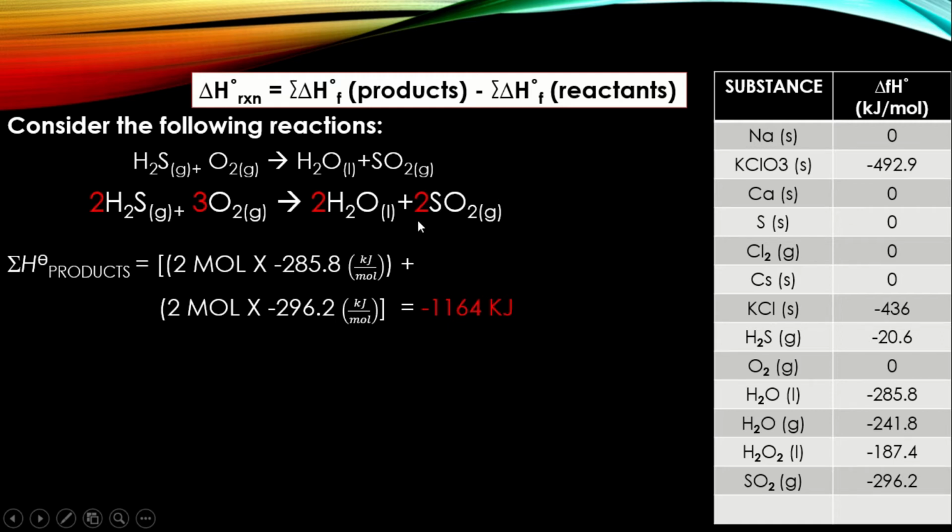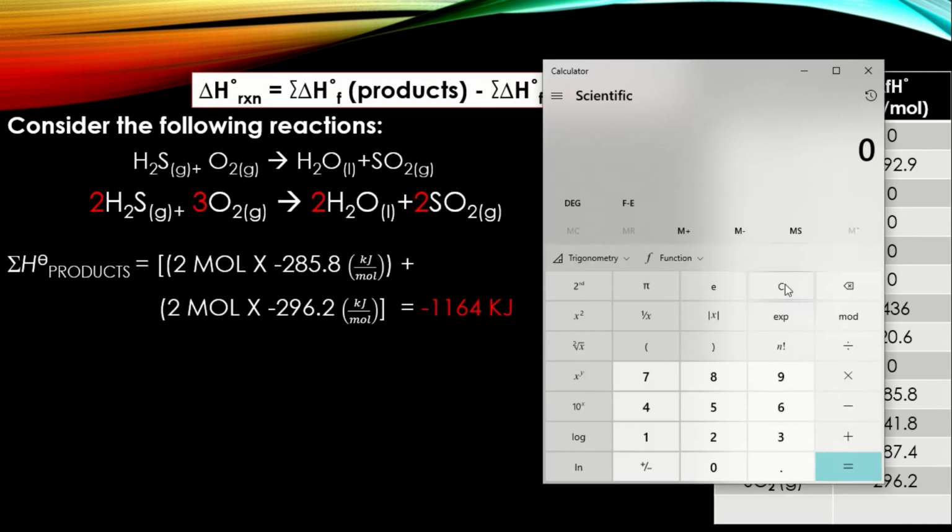Next naman na substance, 2 mole dito sa SO2, kaya 2 mole, times the value of SO2 na gas. So the value of SO2 na gas is negative 296.2. So using our calculator, unahin muna natin si water.